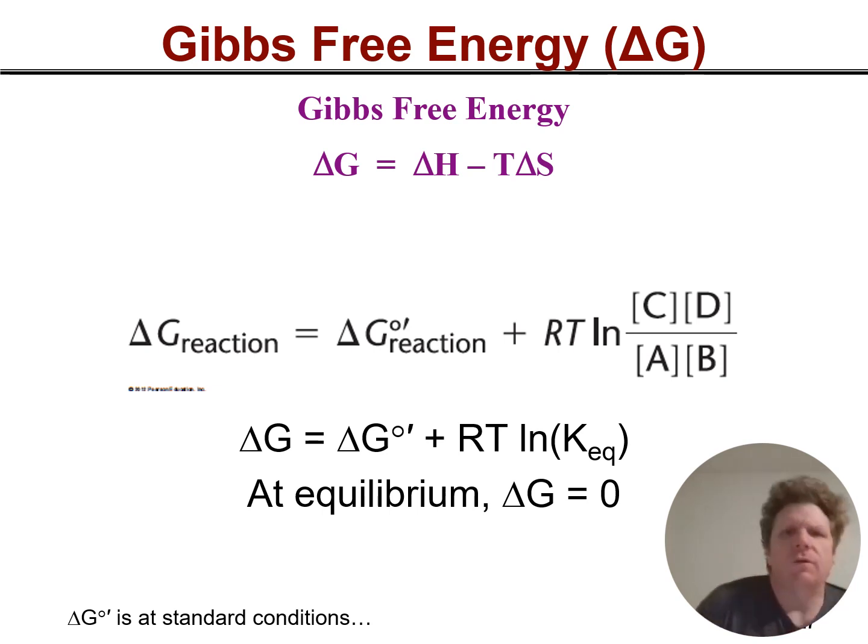So if a KEQ is greater than 1, that means the concentration of our products is greater than that of our reactants. So that would mean we should have a delta G that's a negative value, because that reaction is naturally going to progress towards my products.